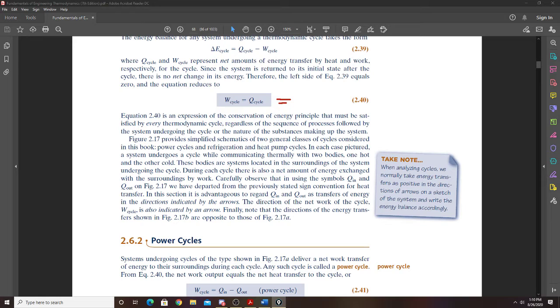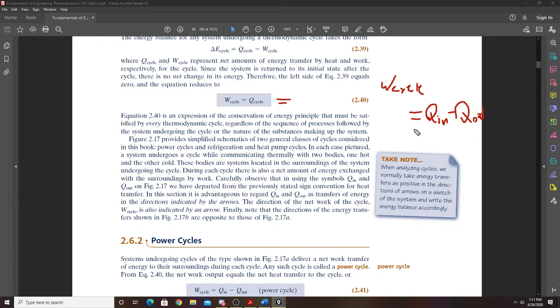But essentially work cycle is equal to Q in minus Q out. Inside of this Q cycle, there are two terms, right? You have heat leaving and you have heat entering. So Q cycle essentially just houses that. It's Q in minus Q out. So work cycle has to be equal to Q in minus Q out, because this makes sense, right?